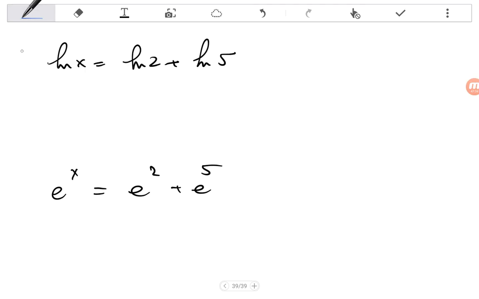Now let's check this. If I need to solve this equation, ln x will be equal to ln 2 plus ln 5. Would the result be 2 plus 5? No. What would be the correct result?